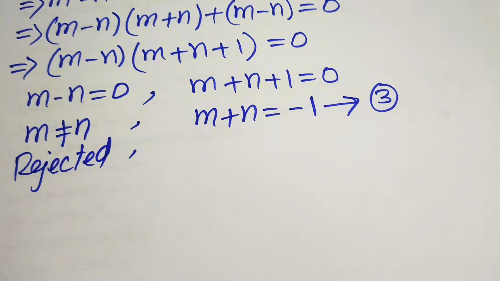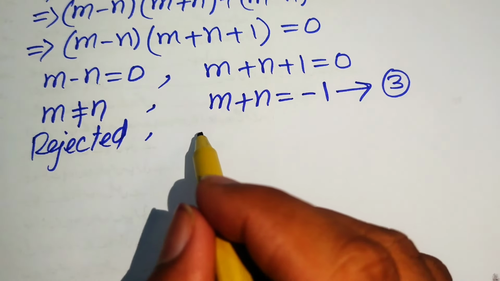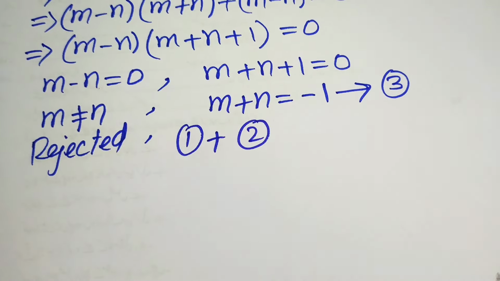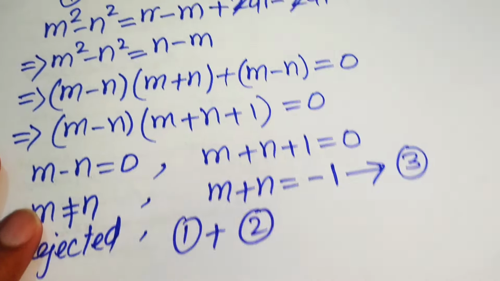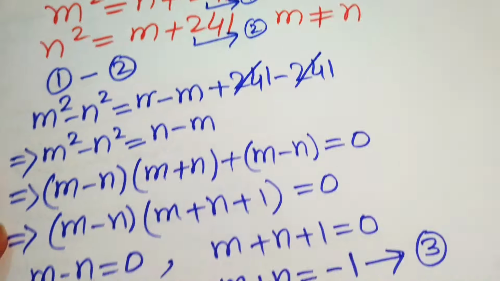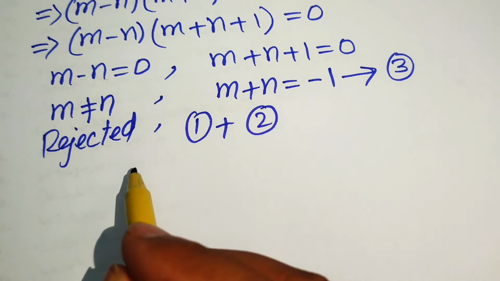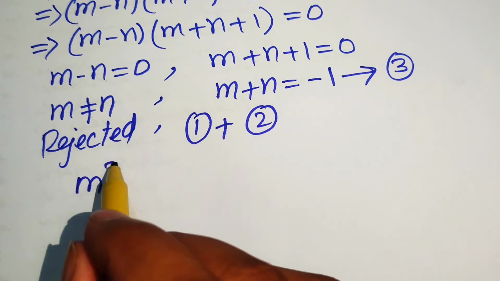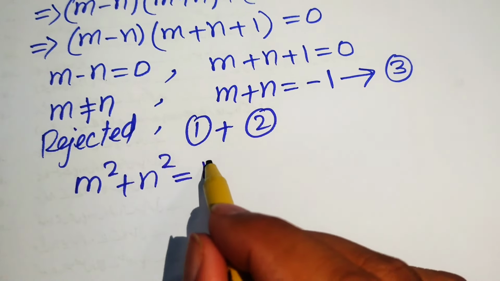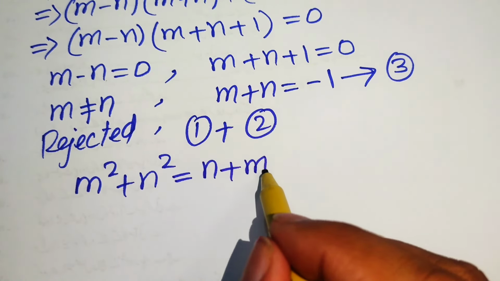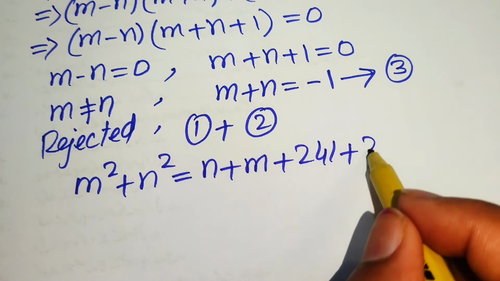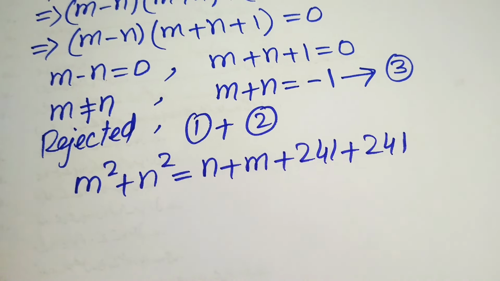Now in the next step, we add equation number 1 and equation number 2. If we add them, we add the left hand side with the left hand side and the right hand side with the right hand side. After adding we get m square plus n square equals n plus m plus 241 plus 241.